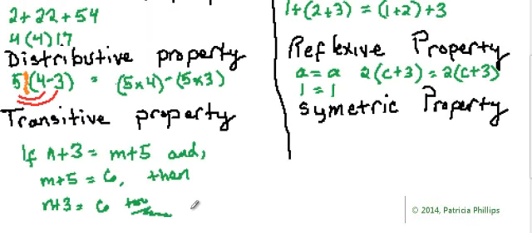See that? If n plus 3 equals m plus 5 and m plus 5 equals 6, then n plus 3 equals 6 too. Those are kind of fun.